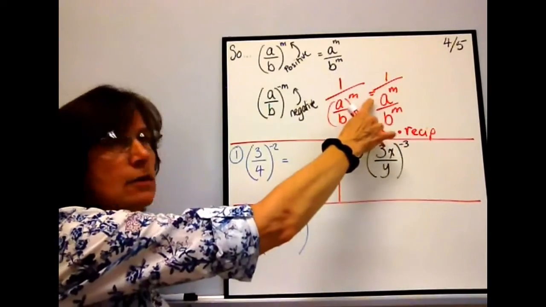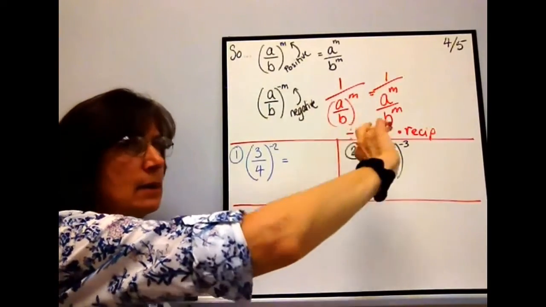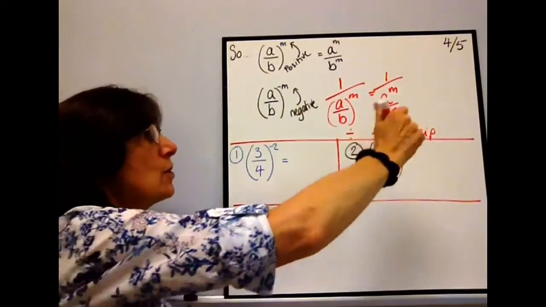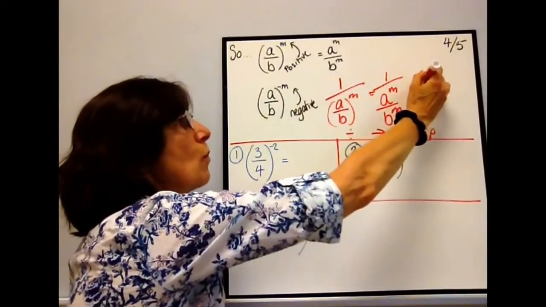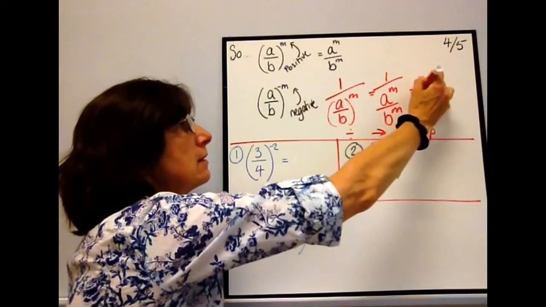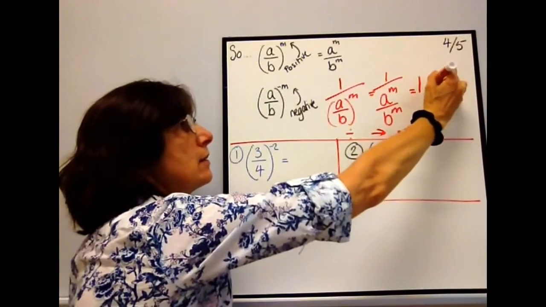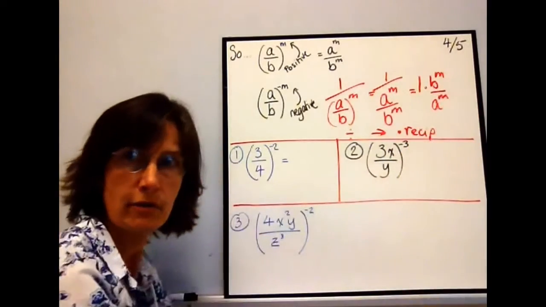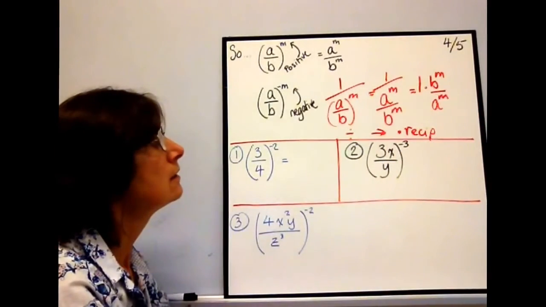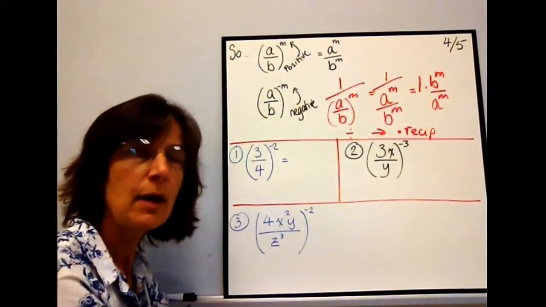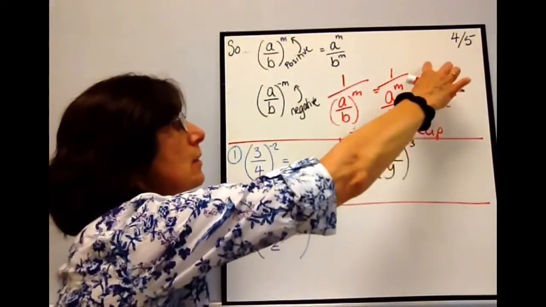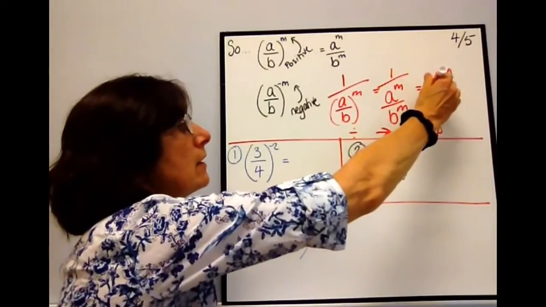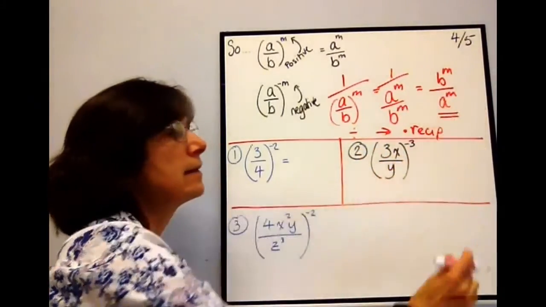What's the reciprocal of a to the m over b to the m? It is flipped, b to the m over a to the m. So this is going to be 1, the numerator, multiplied with the reciprocal of our fraction. And when we multiply by 1, it disappears. So I'm just going to, because I really don't have a lot of room, get rid of it. And there is our answer.